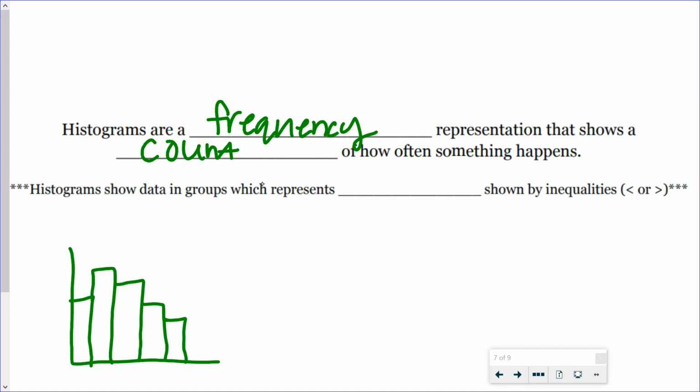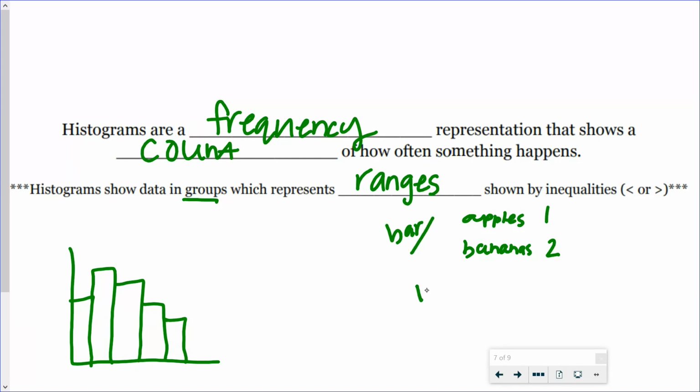The big difference with histograms from any other graph is that they show data in groups, which represent ranges shown by inequalities. For a bar graph, you just have apples, 1, bananas, 2. In a histogram, you will see that our data is in ranges.